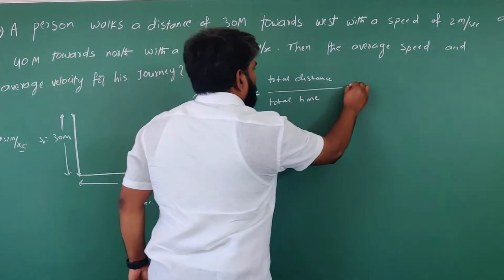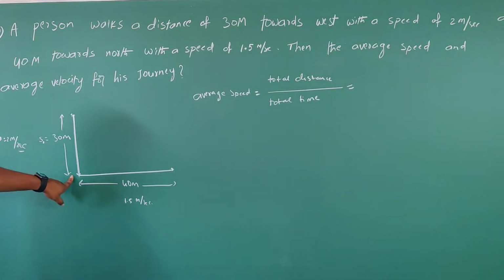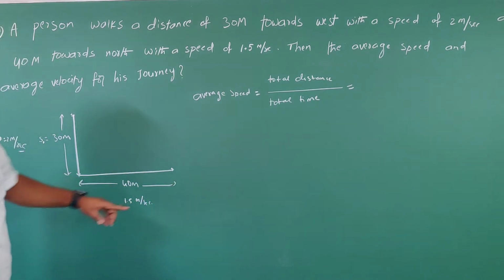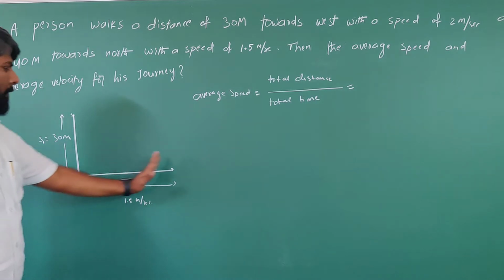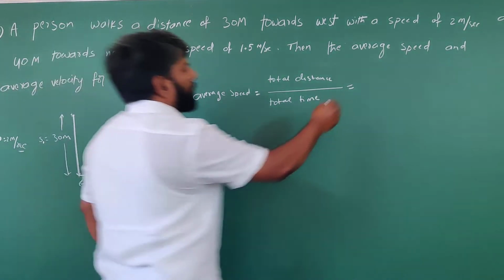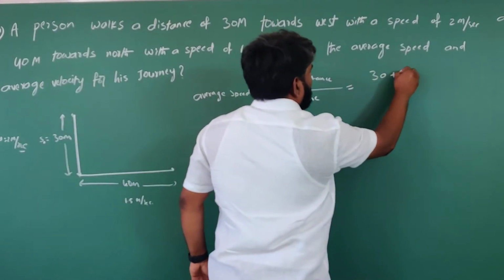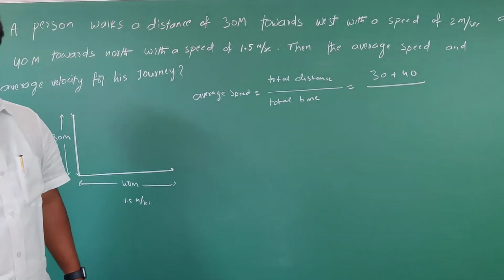Now please observe carefully. Total distance means length of the original path. So first, how much distance did he travel? 30 meters. Next, 40 meters. Then the total distance is 30 plus 40.